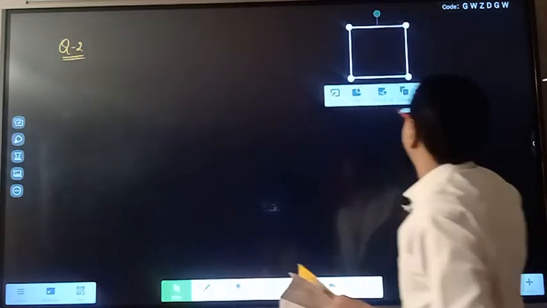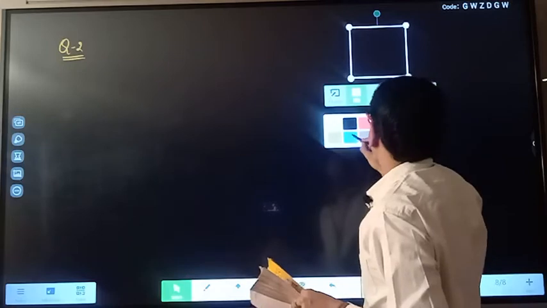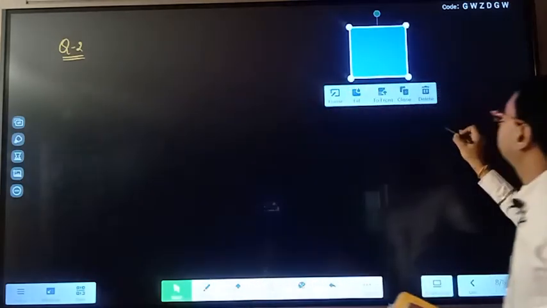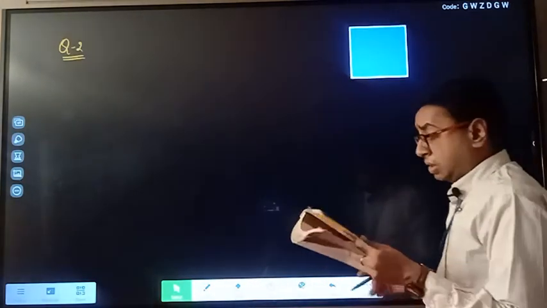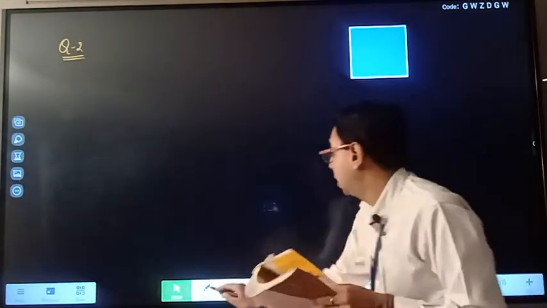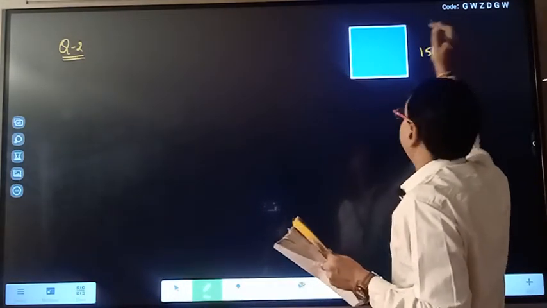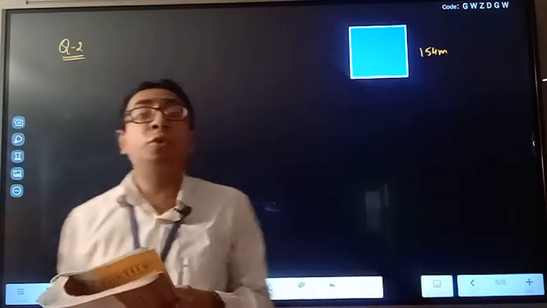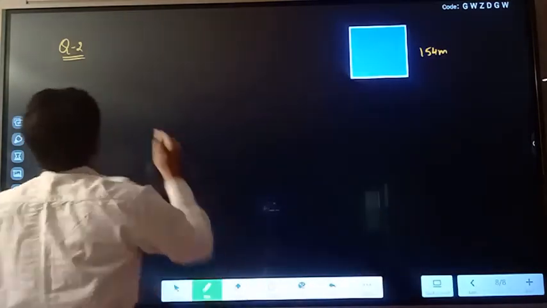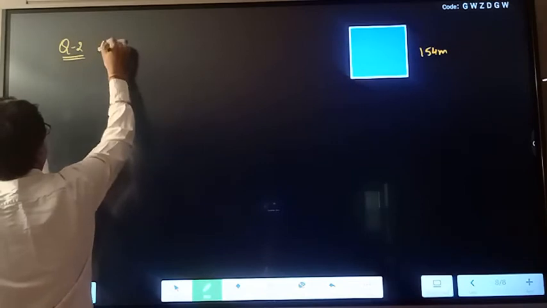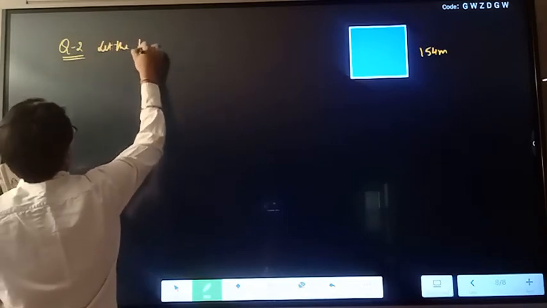For example, this is a swimming pool. Clear? So its perimeter is 154 meter. Now we have to consider its length. So let the breadth be x, because length is dependent on breadth.